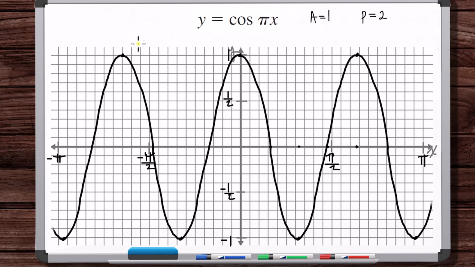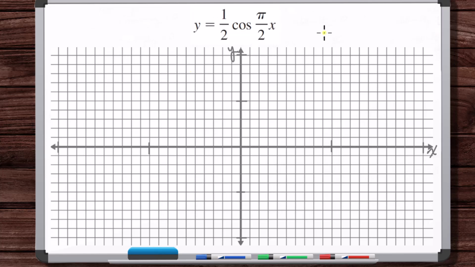Okay, there we go. And the frequency is 1 over the period, and the angular frequency is 2 pi over the period. So 2 pi over 2 is just pi. Okay, so the amplitude here is 1/2. The period has been changed from 2 pi, and it's been multiplied by 2 over pi.